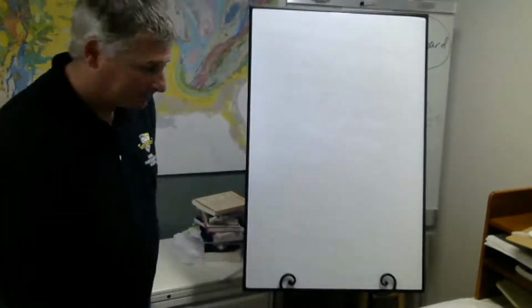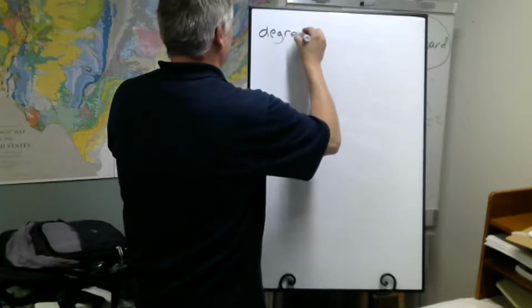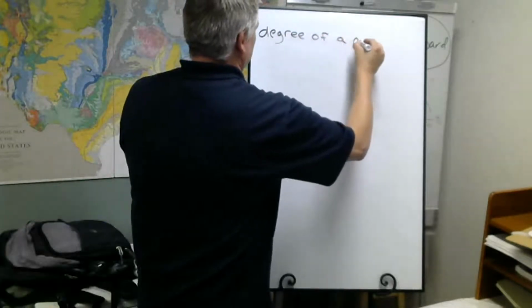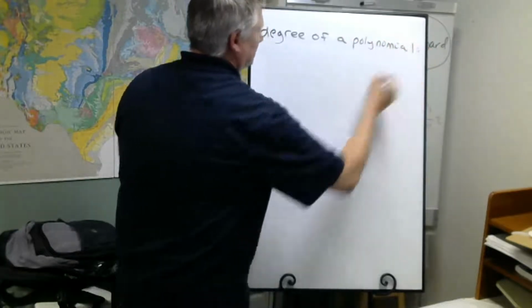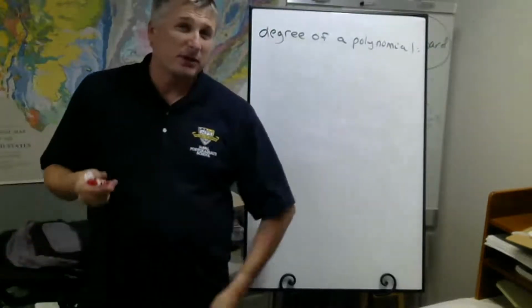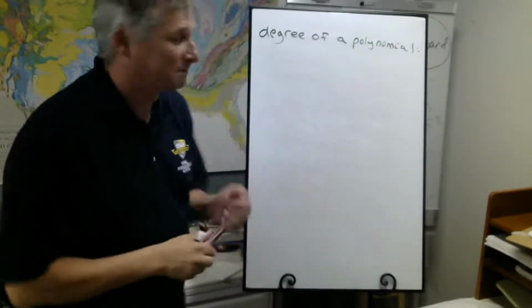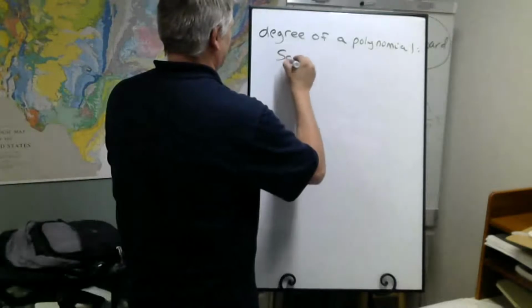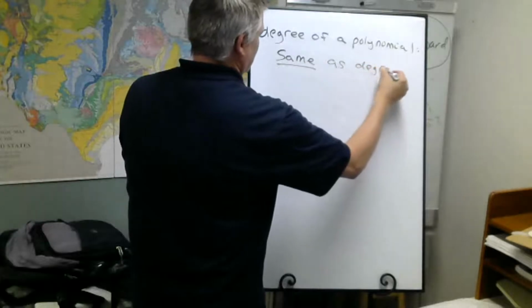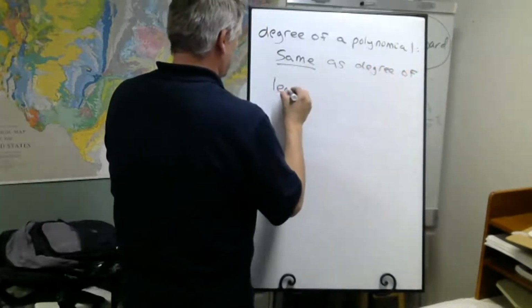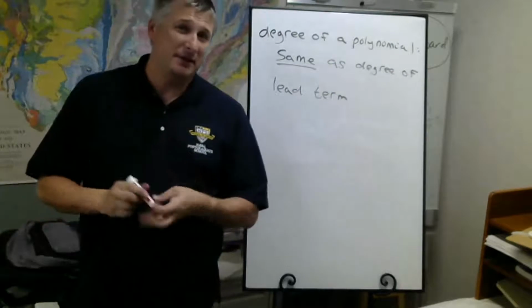Anyway, let's take a look at one last thing here. The degree of a polynomial is the same as the degree of the lead term.